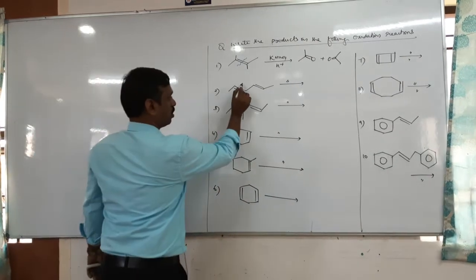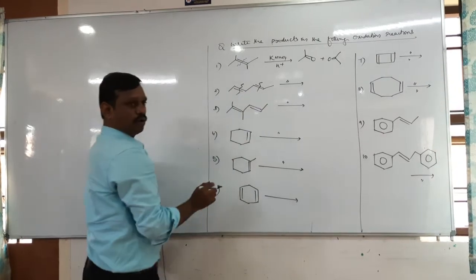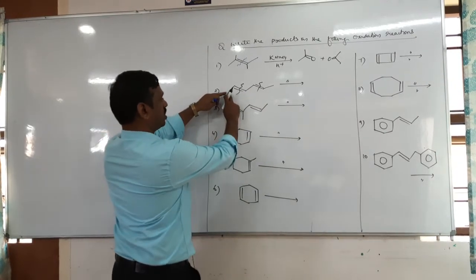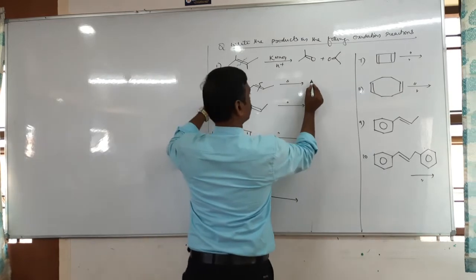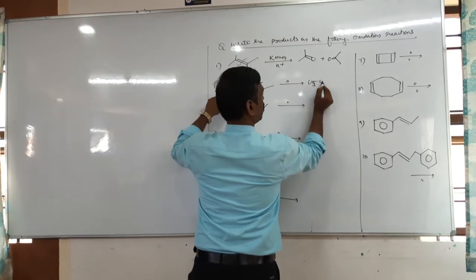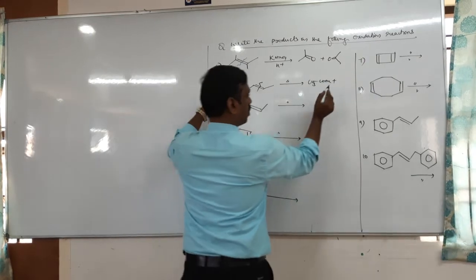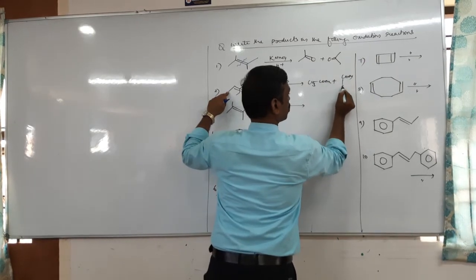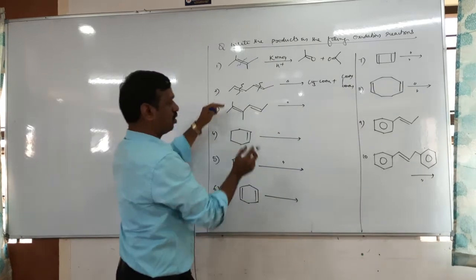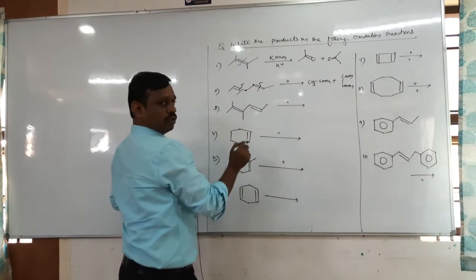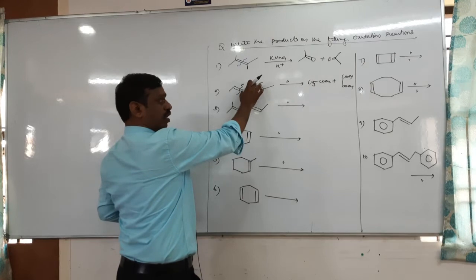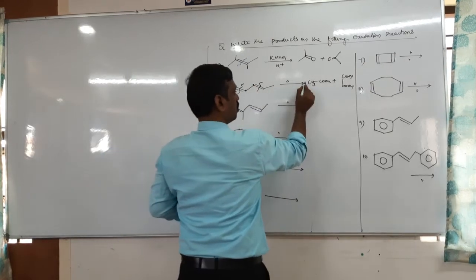Next, here, break the double bond. It is CH3, CH, CH3, COOH. And carbon 1, carbon 2 means COOH, COH. Yes or no? Both are carboxylic groups only. Now here, 1, 2 moles.